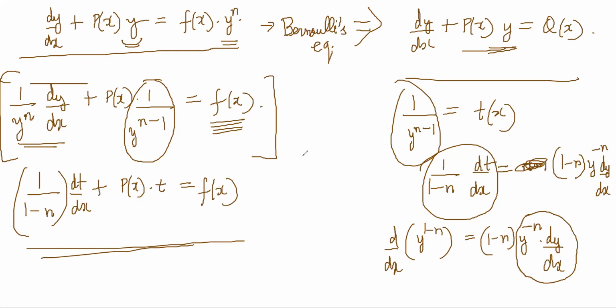Now this has become a linear equation of the first order, right? Here now you can do it by the integrating factor method. Your solution would be t into IF is equal to the integral of f(x) into IF, right? And later you will put t as 1 by this, right?